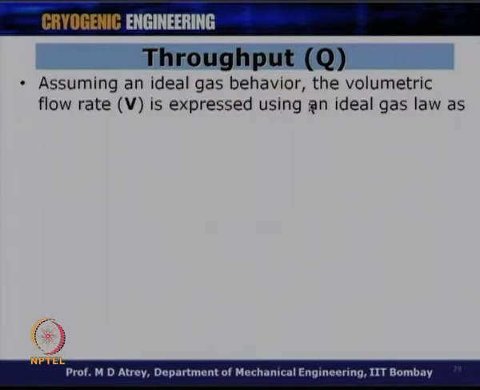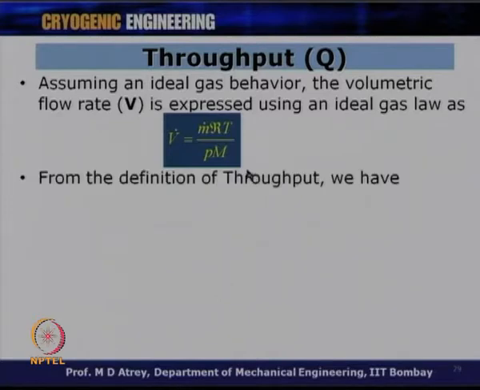Assuming ideal gas behavior, the volumetric flow rate V dot is expressed using the ideal gas law, which is nothing but V dot is equal to m dot RT divided by P, where R by M is nothing but the specific gas constant, and capital M is the molecular weight of the respective gas. This has come basically from PV is equal to mRT. From the definition of throughput, can we put the value of V dot in that equation?